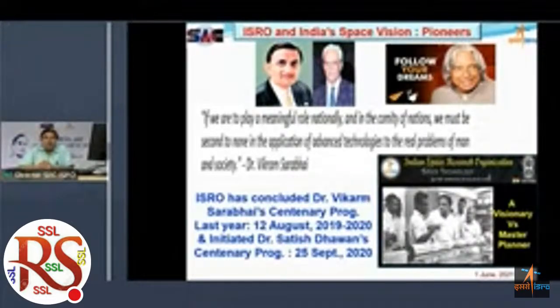And all of you know Dr. Abdul Kalam, so he was one of our great leaders in space, and these were the pioneers through which our space program has been nurtured. And at the bottom you are seeing a very rare picture of Dr. Abdul Kalam with Dr. Vikram Sarabhai. This is one of the unique pictures where both of them are discussing quite in detail some of the concepts.